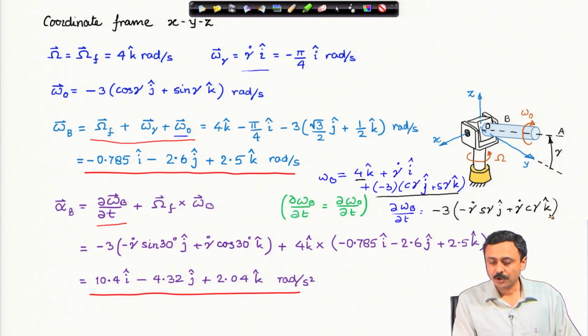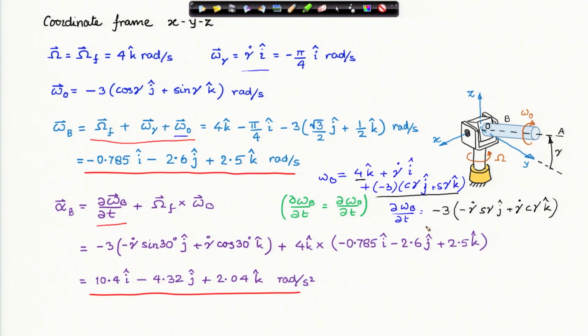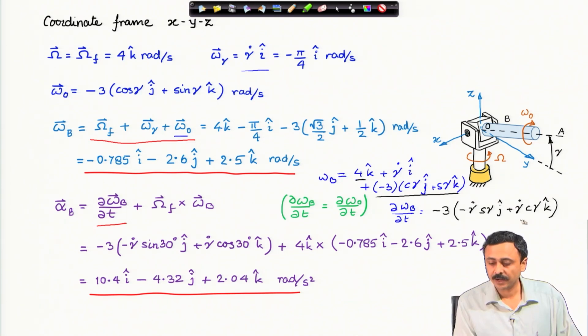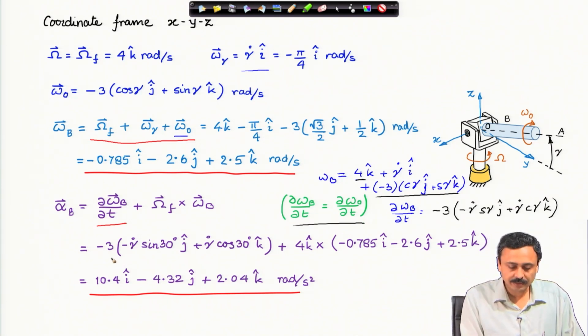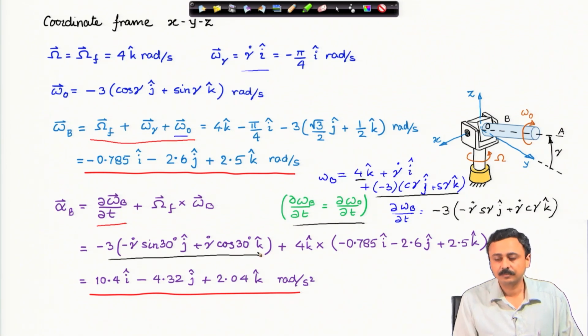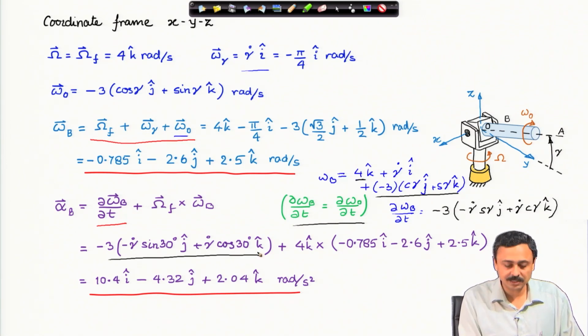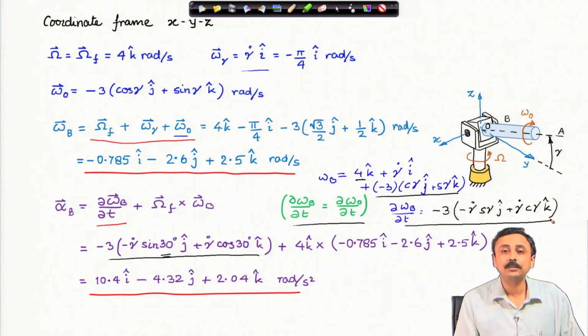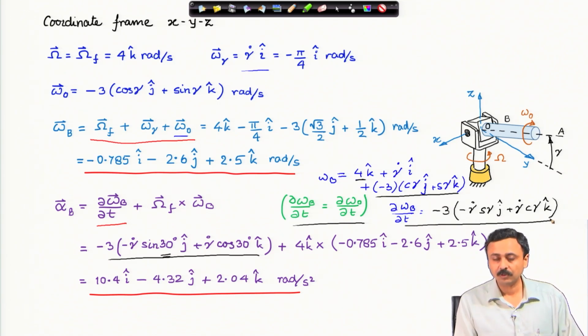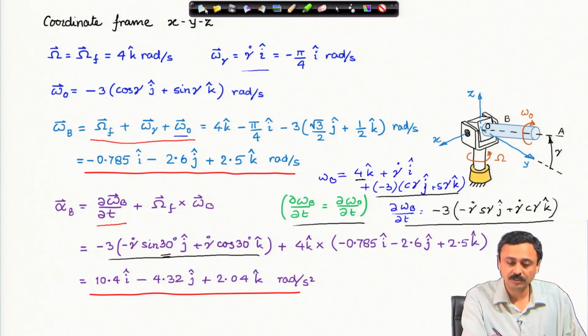Therefore, in this problem we do have a local time derivative of omega body, and that is given by this, and that is why I wrote this statement, and this is what we get from the data given in the problem. When gamma is 30 degree we have to calculate the angular acceleration of the body, and this is how we get the local time derivative of omega b, the angular velocity of the body.